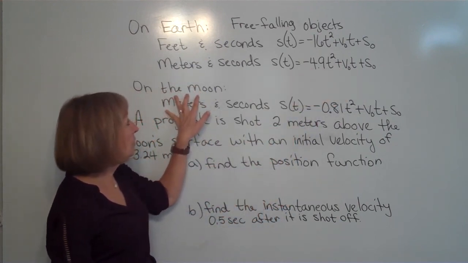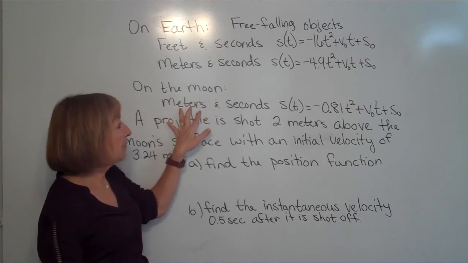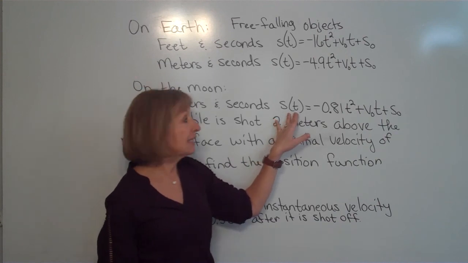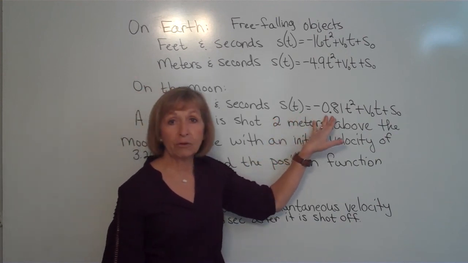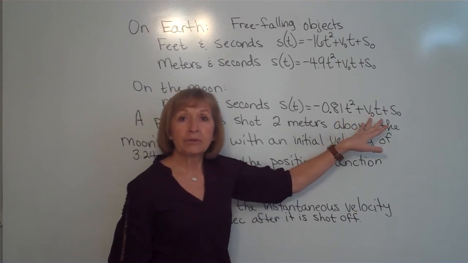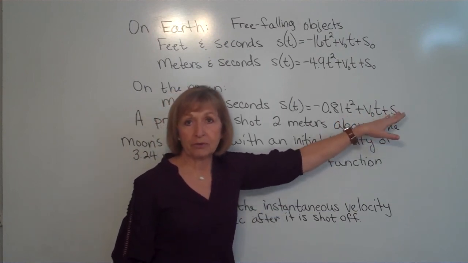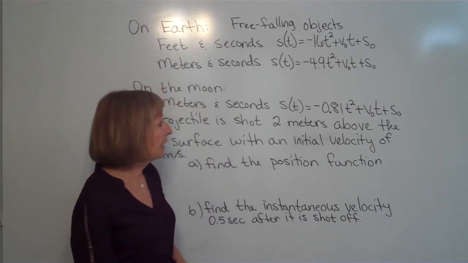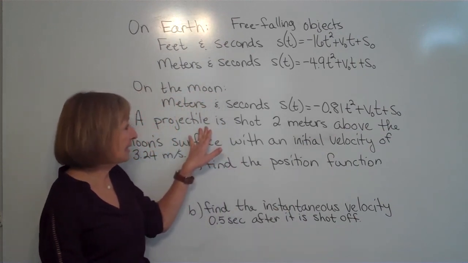If you're on the moon's surface, and measuring in meters per second, your position function would be s of t is equal to negative 0.81 t squared plus your initial velocity times t plus your initial position. So each of them has that format. Now let's look at this next example.